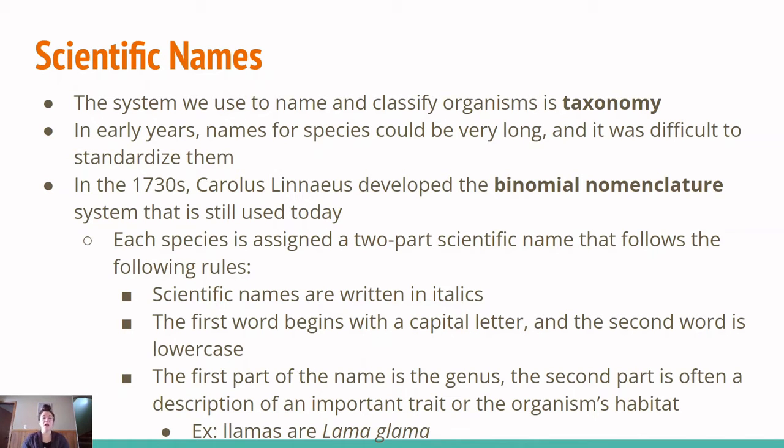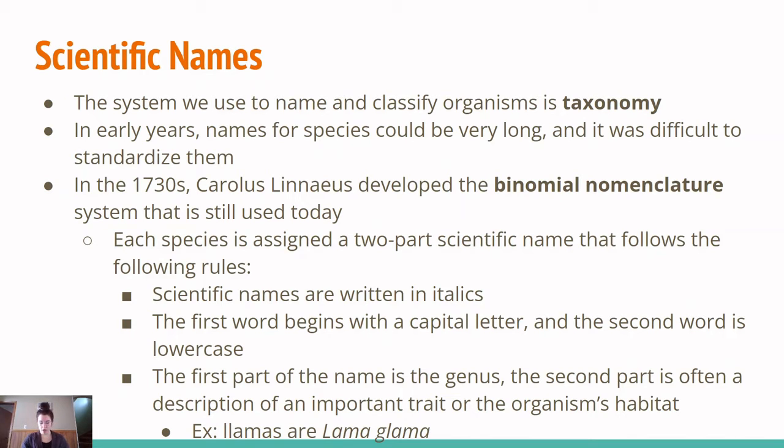Our second rule is that the first word is always going to begin with a capital letter. Okay? Always. It's a name, right? Just like you write your name with a capital letter, hopefully, you need to write their scientific names with a capital letter. But the second word, okay, so it's two words, the first word is capitalized, the second word is always lowercase. So only the first word, the second word is always lowercased.